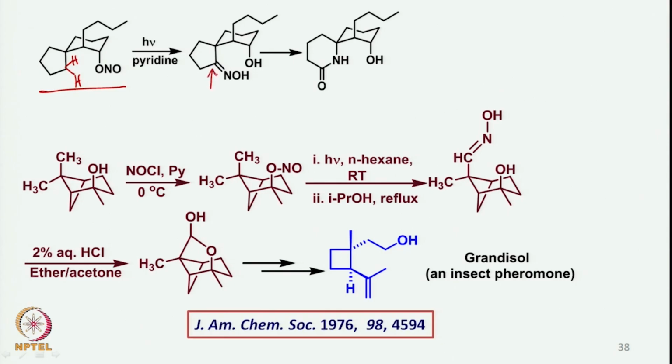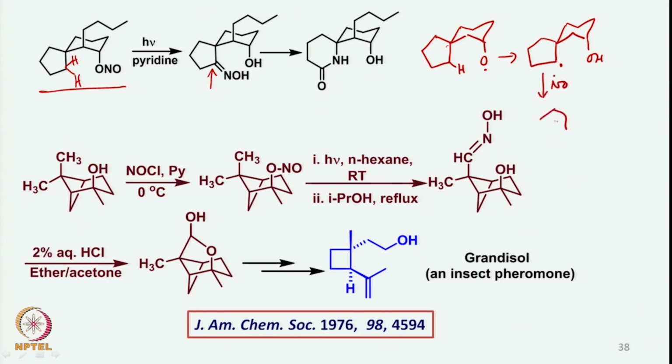So what is happening is that you have the possibility of such a radical to form, and this radical then leads to the next radical which is here, and then this is attacked by the NO radical to form the corresponding N double bond O, which is in equilibrium with the corresponding oxime.